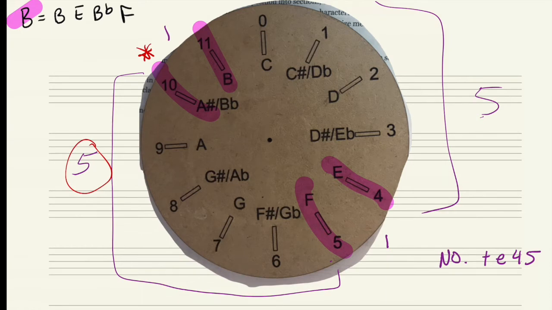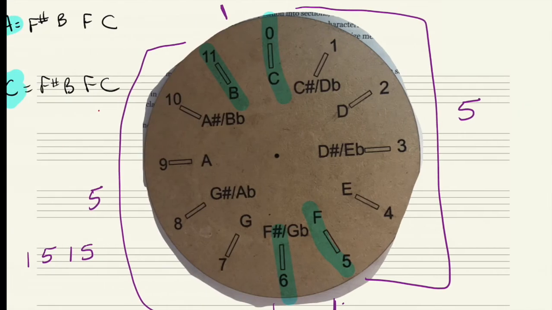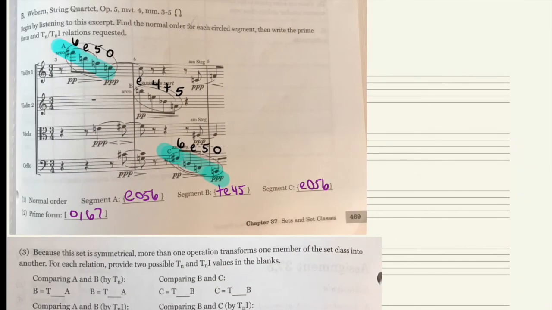But I could just as easily start after the other gap of 5 and begin my normal order on 4. So 4, 5, 10, 11 would also be a possible normal order. Because of this, I have a number of different possibilities of ways that these sets are related by transposition and inversion. So I'm going to take you through that series of steps right now.